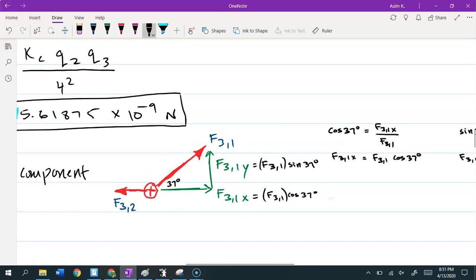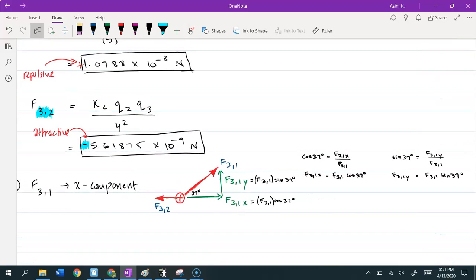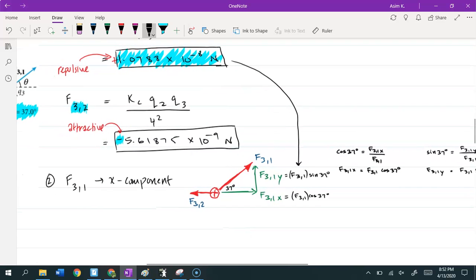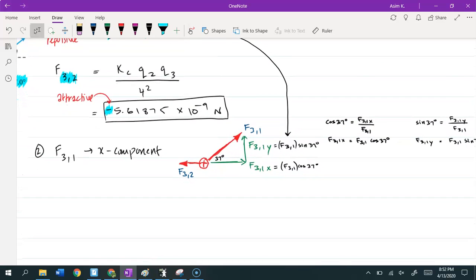It's basically saying to take what you already had from before, which is 1.0788 times 10 to the power negative 8, and put that into the appropriate spots, which we have aligned right over here. So that's step number 2. Our job is to find the x and the y components of the diagonal force, and we're going to write them in to the step over here.